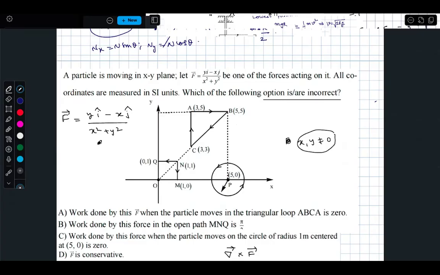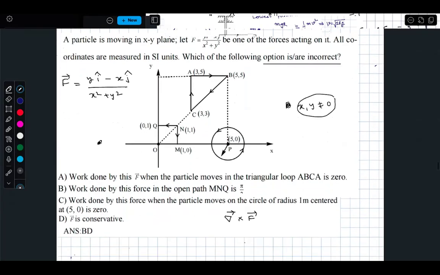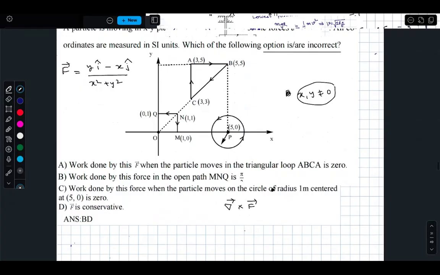And this is not a central force. Del cross F will not be equal to 0 for this. You can see that. Because if it is x i cap minus y j cap, that is a different story. But it is completely different.